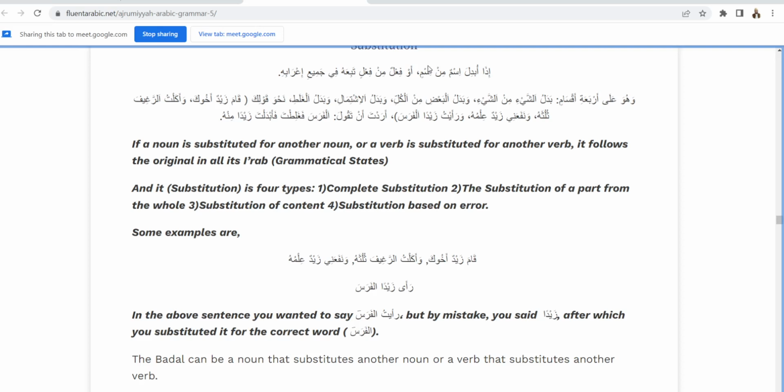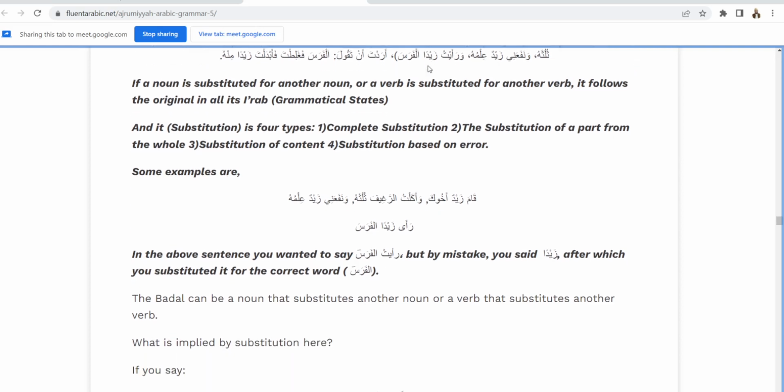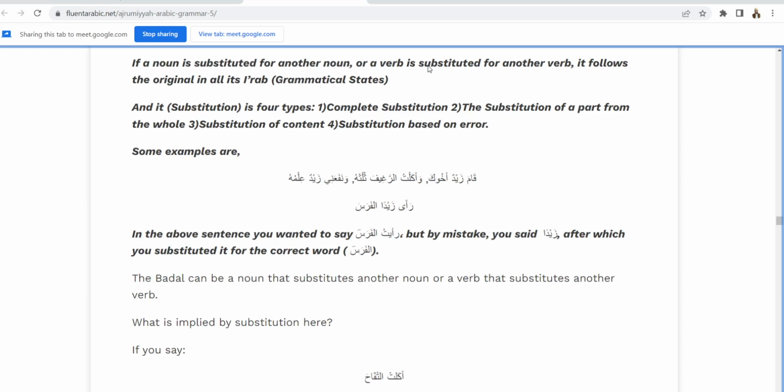We do substitution because of a mistaken error. Let's take some examples. قام زيد أخوك. So we are substituting أخوك in the place of Zayd, meaning قام أخوك, your brother stood up. But I say here, قام زيد, your brother.